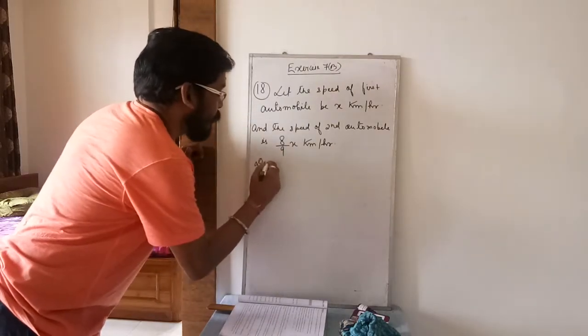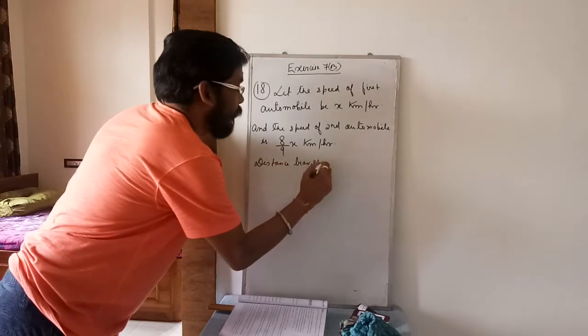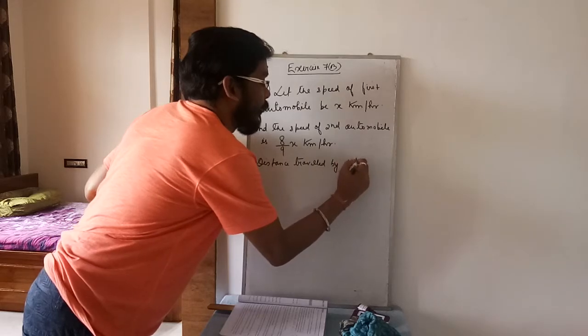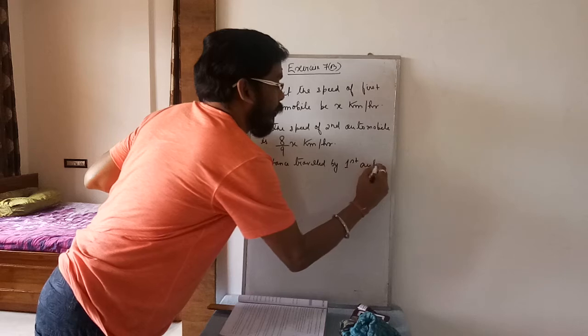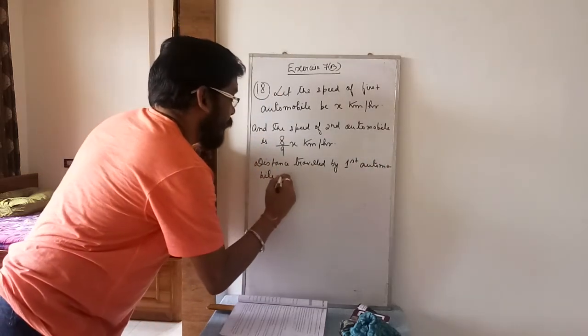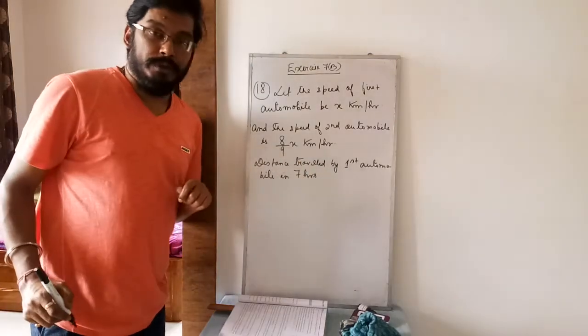Distance traveled by the first automobile in 7 hours equal to 7x, speed into time, kilometer. Why have you taken 7 hours? Because they have traveled for 7 hours.